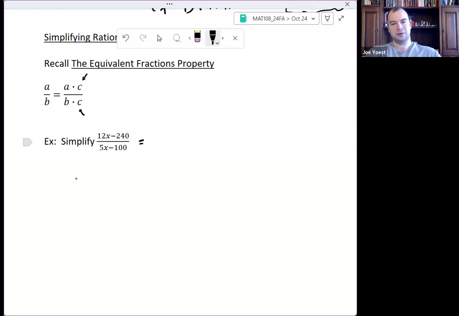So 12x minus 240, I can factor out a 12, and that is 12 times x minus 20. Divided by, and 5x minus 100, I can factor out a 5 times x minus 20. And I actually see that I have a factor of x minus 20 in both the numerator and the denominator. So that's 12/5.